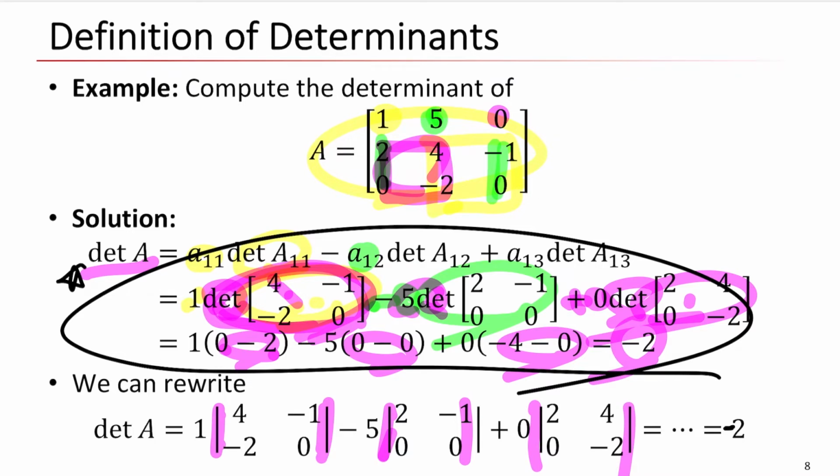So we need a more efficient way to compute the determinant. Okay, so let's find out a more efficient way.